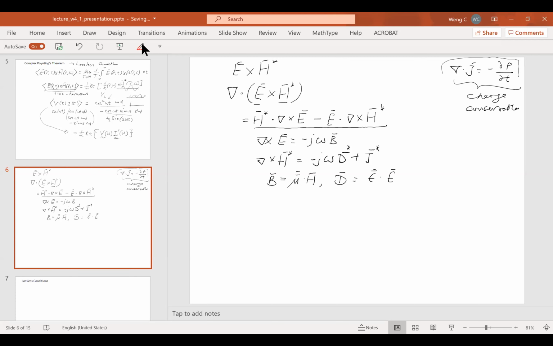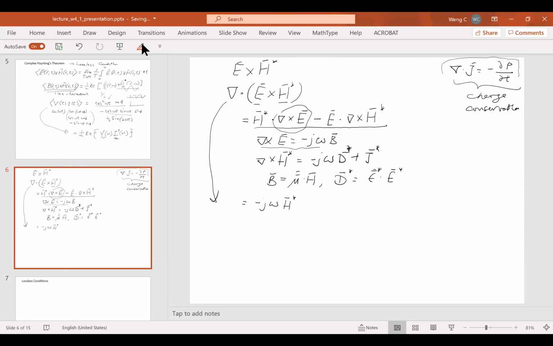But since we have conjugation here, okay, we must conjugate this equation as well. Okay. And then what we have then is that the divergence of E cross H conjugate would be equal to minus j omega H star dot B. I'm going to replace curl of E with this equation over here.